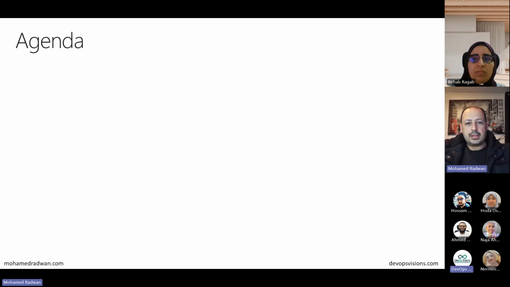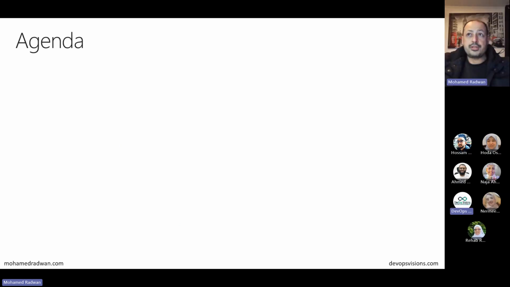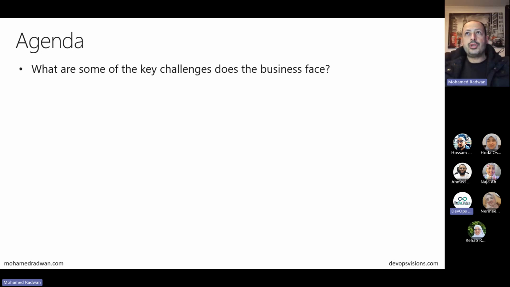Okay, our agenda today. First, I thought it's better to give you an idea about some of the key challenges the business faces. Of course, the business faces many challenges, but in the age of AI and the economy, we have several.